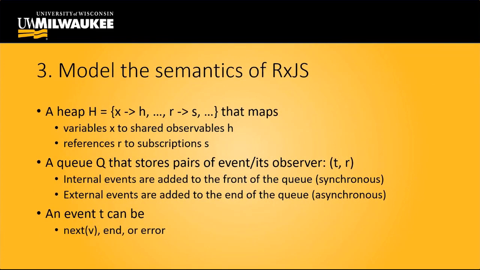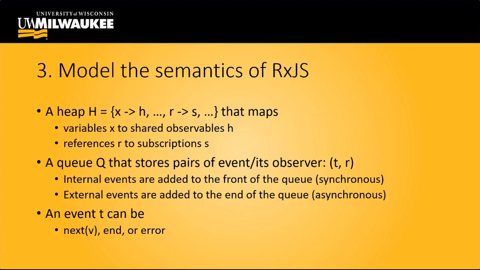We represent the runtime state of an RxJS program using a heap and a queue. The heap maps variables to shared observables and references to subscription objects. The queue stores events and their targets. The events may be internal or external, where the internal events go to the front of the queue so that they can be handled immediately, while the external events go to the end of the queue so that they will be handled in turn.